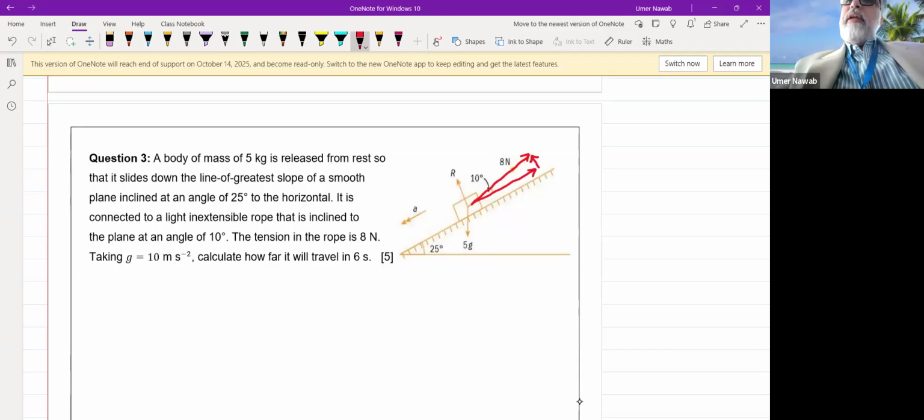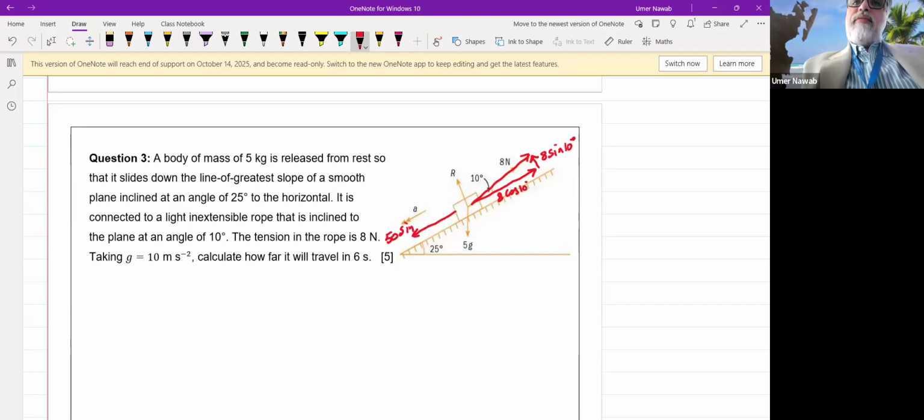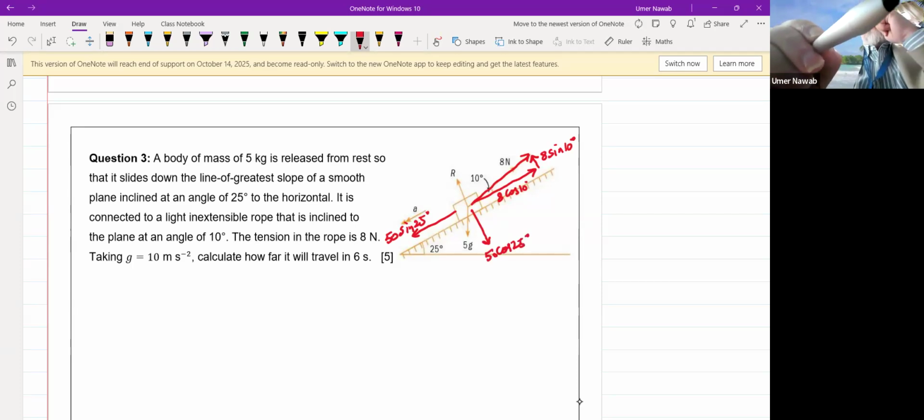So along the plane, it should be 8 cosine of 10 degrees, and perpendicular to the plane is 8 sine of 10 degrees. Weight components: 50 sine of 25 and 50 cosine of 25.